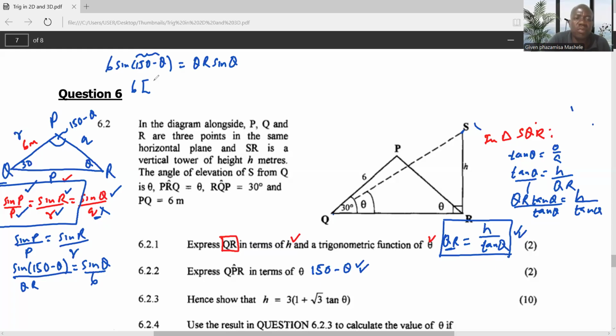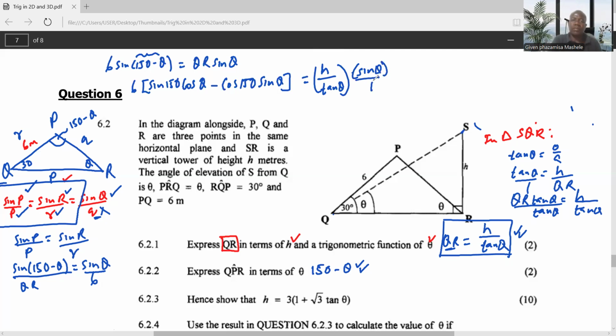So this will be sine 150 cos theta minus cos 150 sine theta, a compound angle, equals QR. We already know QR, so let me substitute. This will be h over tan theta multiplied by sine theta over 1. Let's now expand this.